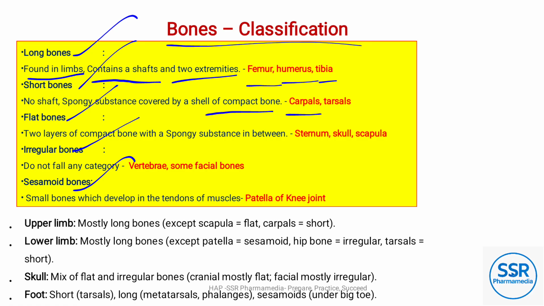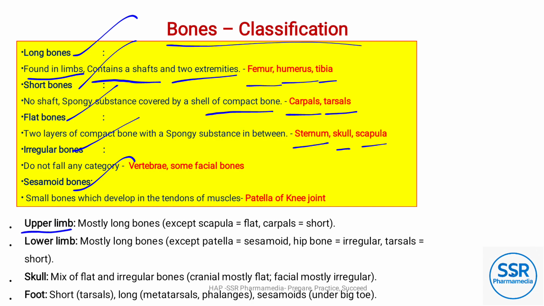Example: carpals, tarsals. Flat bones have two layers of compact bone with a spongy substance in between. Example: sternum, skull, scapula. Irregular bones do not fall into any category. Example: vertebrae, some facial bones. Sesamoid bones are small bones which develop in the tendons of muscles. Example: patella of the knee joint.